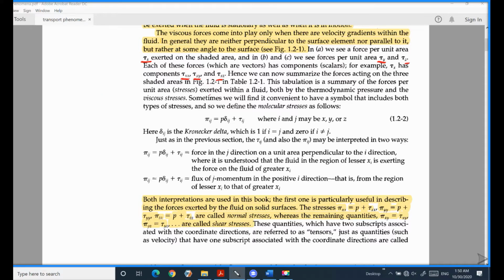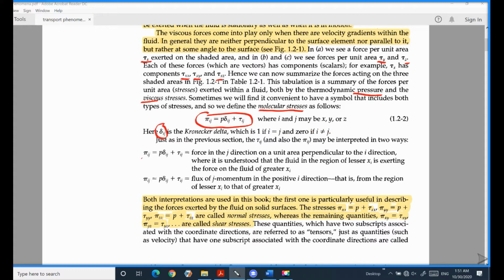Finally, for the sum of forces per unit area, stresses because of pressure and viscous stresses, we can define molecular stresses by this notation. Like here, I and J may be x, y, z. We know that one is the Kronecker delta, which is one if I equals J and zero if I is not equal to J.